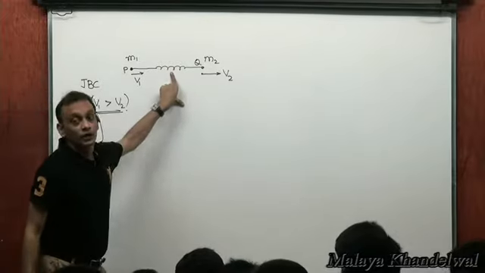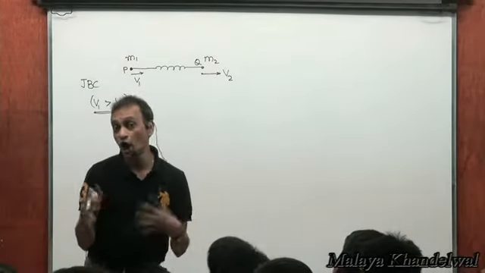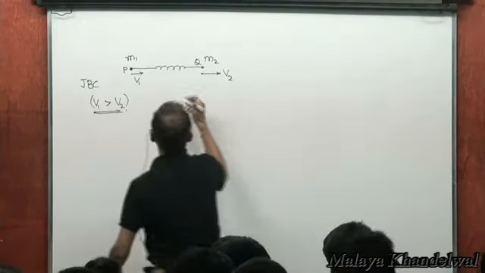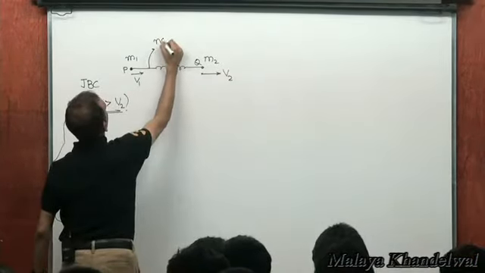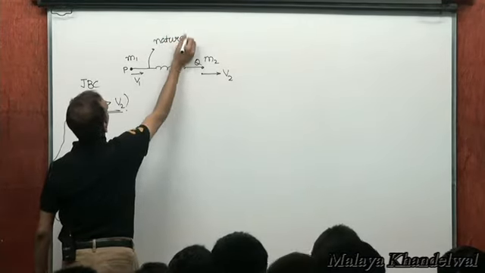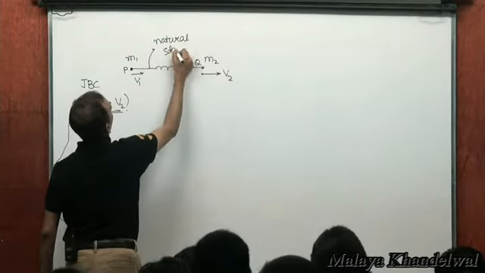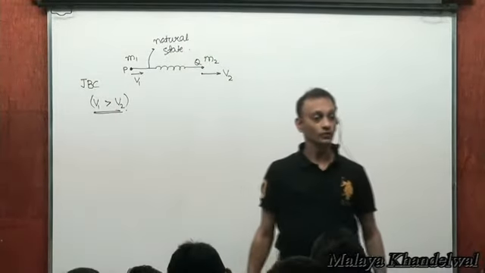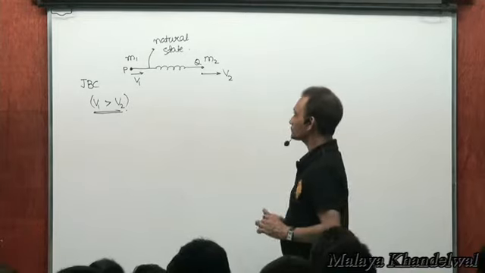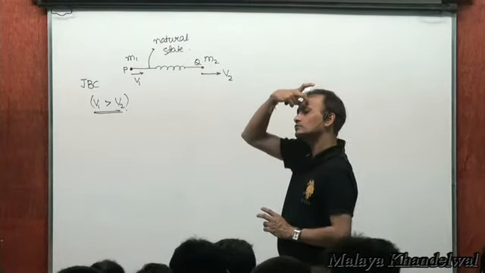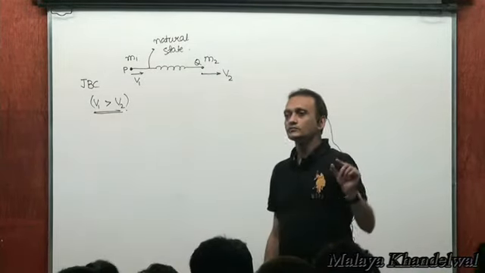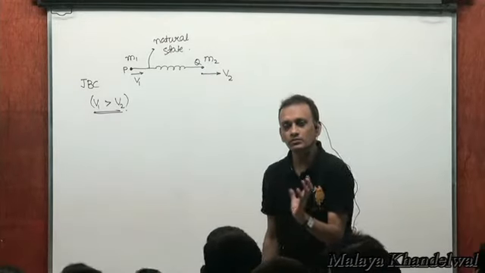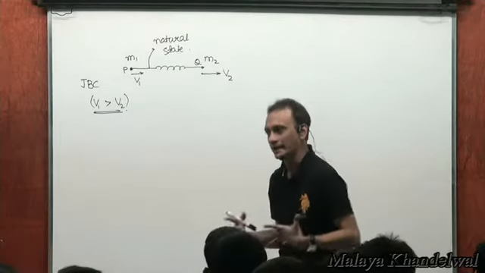And the spring, initially just before collision, was not deformed, so we have the spring in its natural state initially, right? Okay. The displacement of the masses during collision, the physical movement, is negligible.